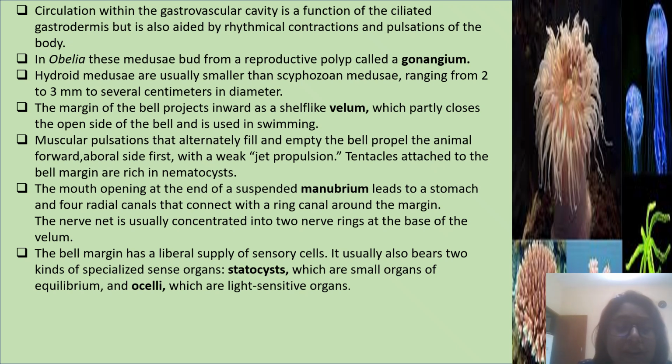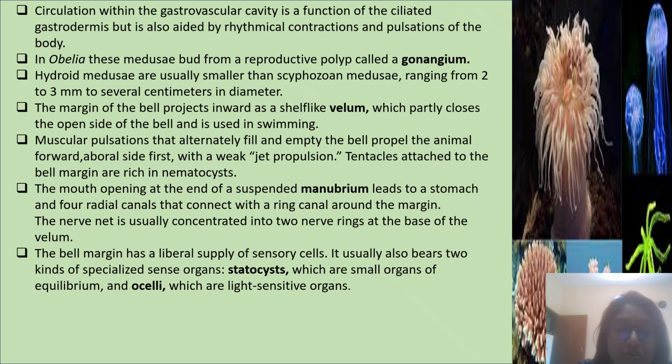The mouth opening at the end of the suspended manubrium leads to a stomach and four radial canals that connect with a ring canal around the margin. The nerve net is usually concentrated into two nerve rings at the base of the velum. The bell margin has a liberal supply of sensory cells.